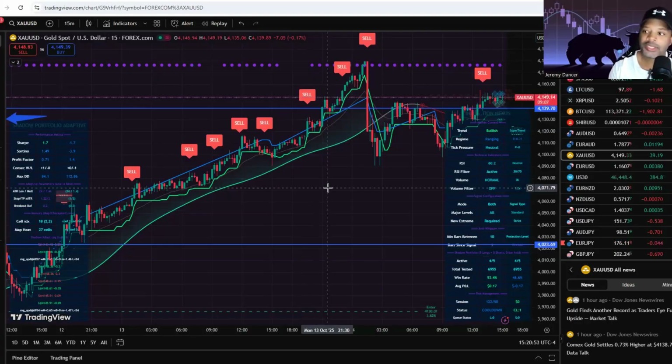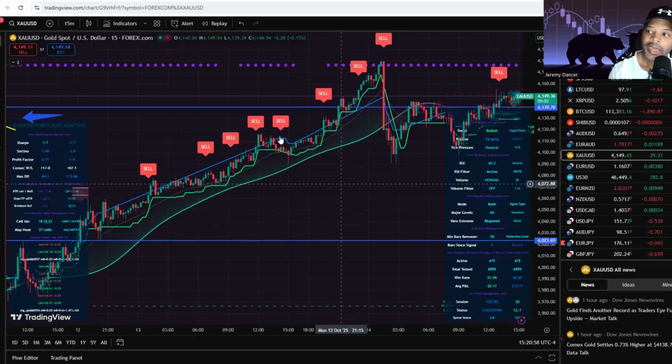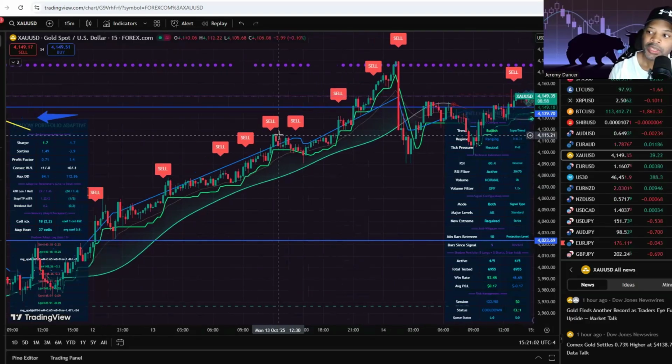So it makes sense. There are two ways that you can play this. Every time you see a sell signal pop up, use a very low stop loss, like 25 pips or so, because, as you can see here, the pullbacks are very, very small, right?